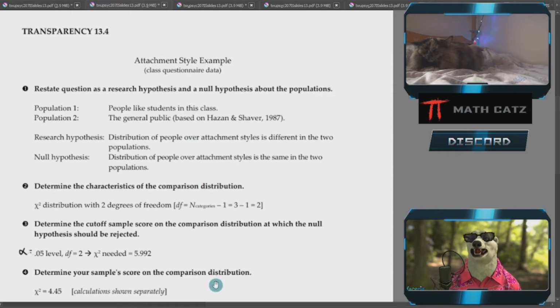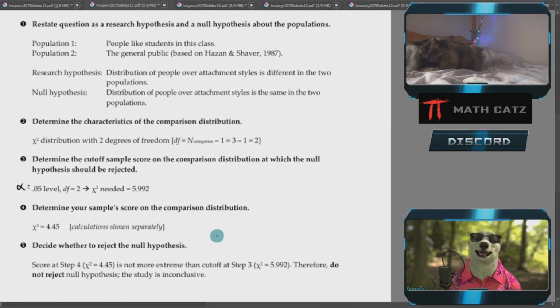We visualized it, and we make our conclusion that we do not reject the null hypothesis. The evidence isn't strong enough to suggest that the people that I'm investigating are different from the general public. So that's going to be the first question that we investigate, the goodness of fit observation versus expected frequency.